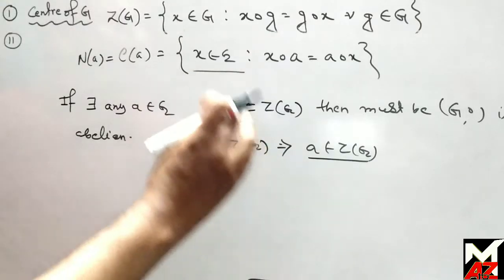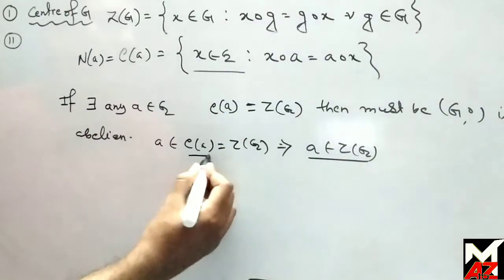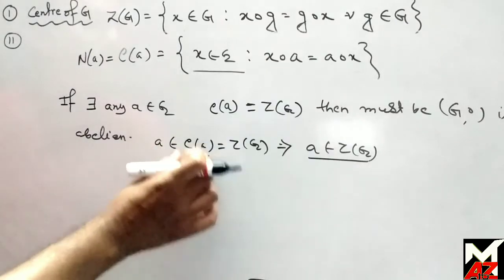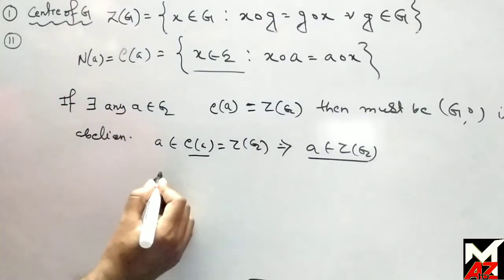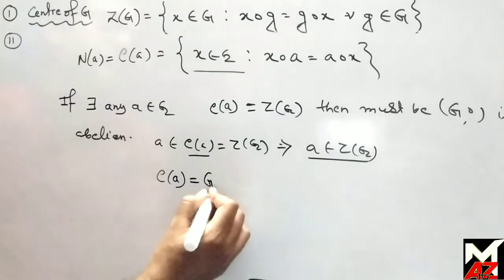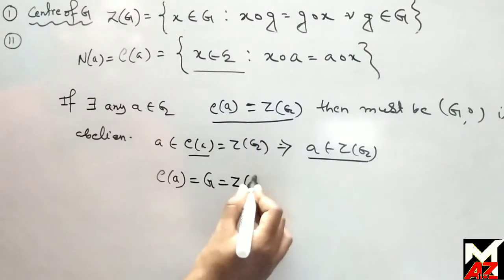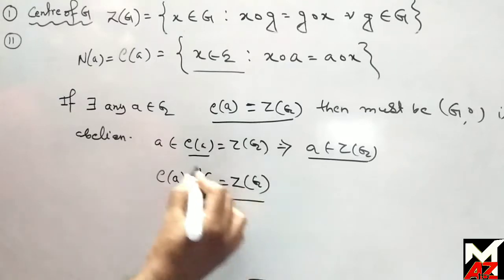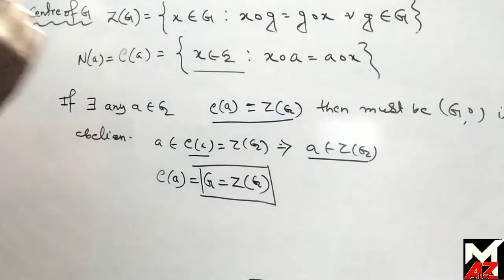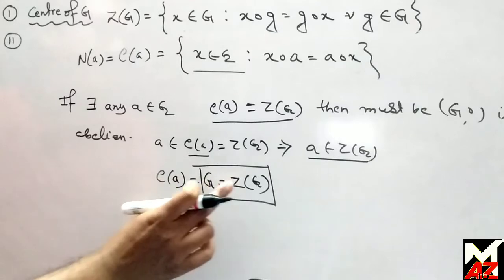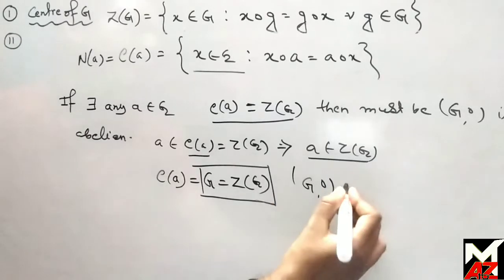Now if A commutes with every element of G, then obviously every element of G consists in C of A, because C of A consists of those elements of G which commute with A. So we can write C of A is equal to G, and from the given relation this is also equal to Z of G. Now we get G equal to Z of G, and we said before, at the first time, if Z of G equal to G, this relation holds, then G must be commutative.